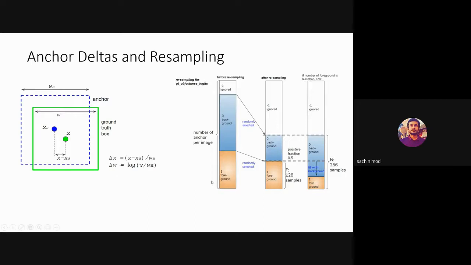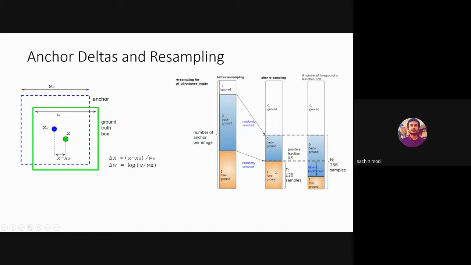For example, these are my foreground boxes, these are my background boxes. But I usually keep a fixed number of boxes that will pass. So during training, I do a random sampling.